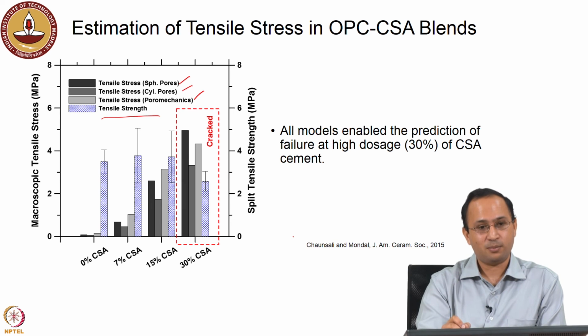So, these are simplistic models, but can be useful to predict. All models in this case enable the prediction of failure, especially at high doses of CSA, right. That is what we also verified experimentally, right. When we measured the length change, we saw cracking in the sample with 30% CSA.